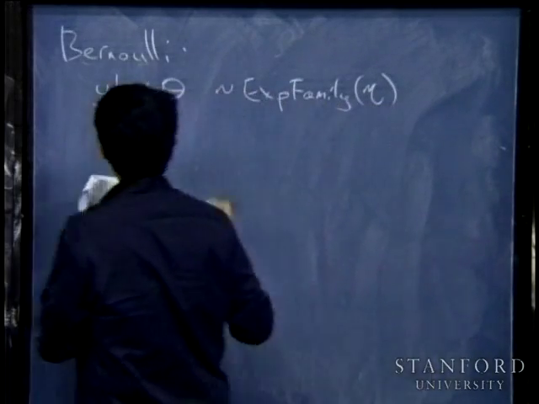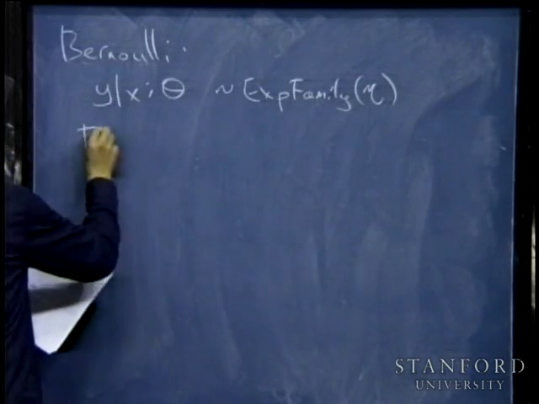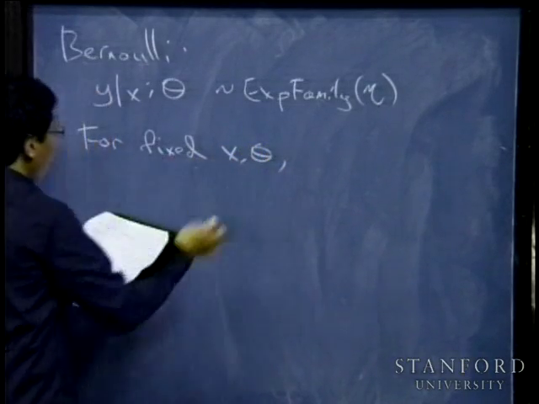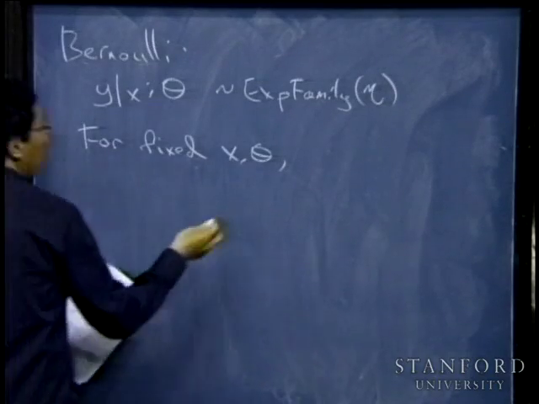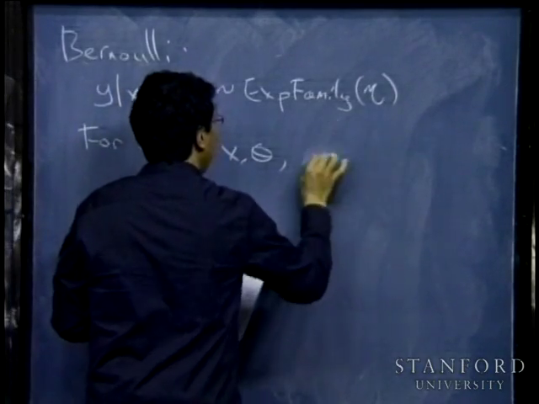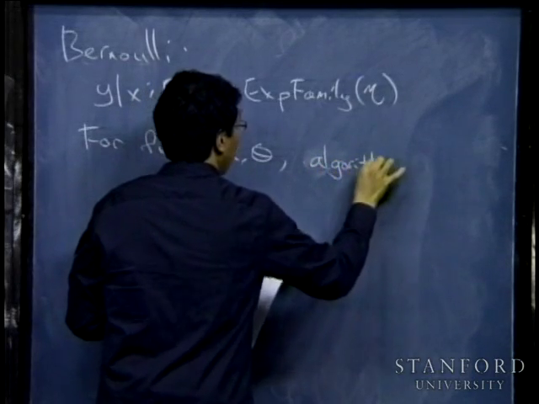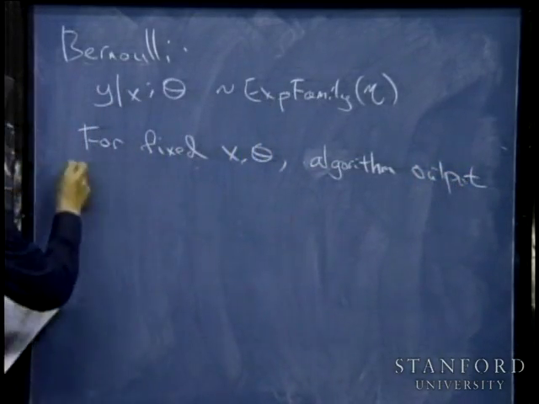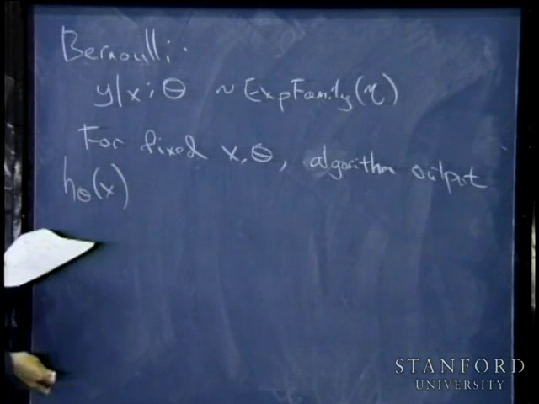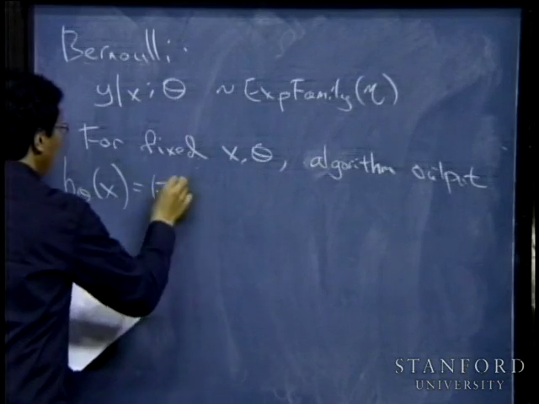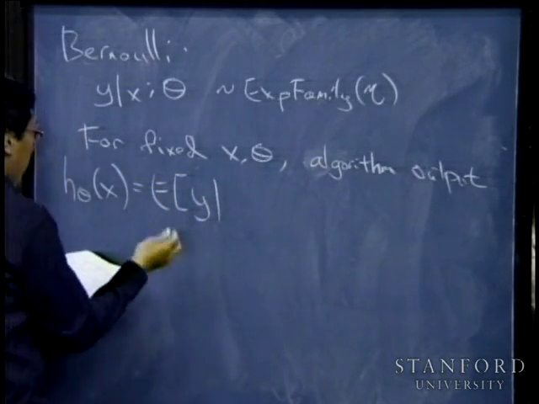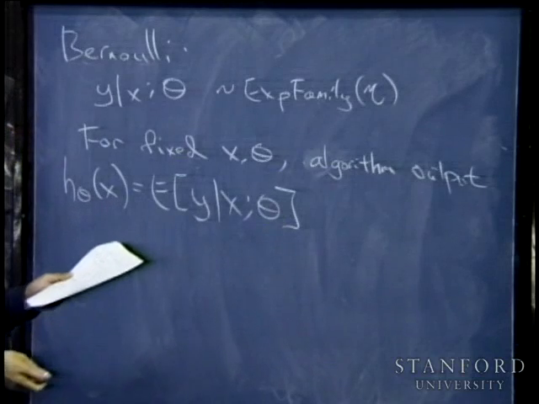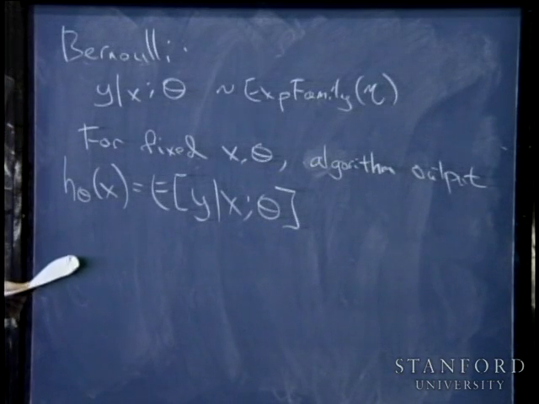And for any fixed value of x and theta, my hypothesis, my learning algorithm, will make a prediction, or will output h of x, which is by my assumption number 2, I want my learning algorithm to output the expected value of y given x and parameterized by theta.